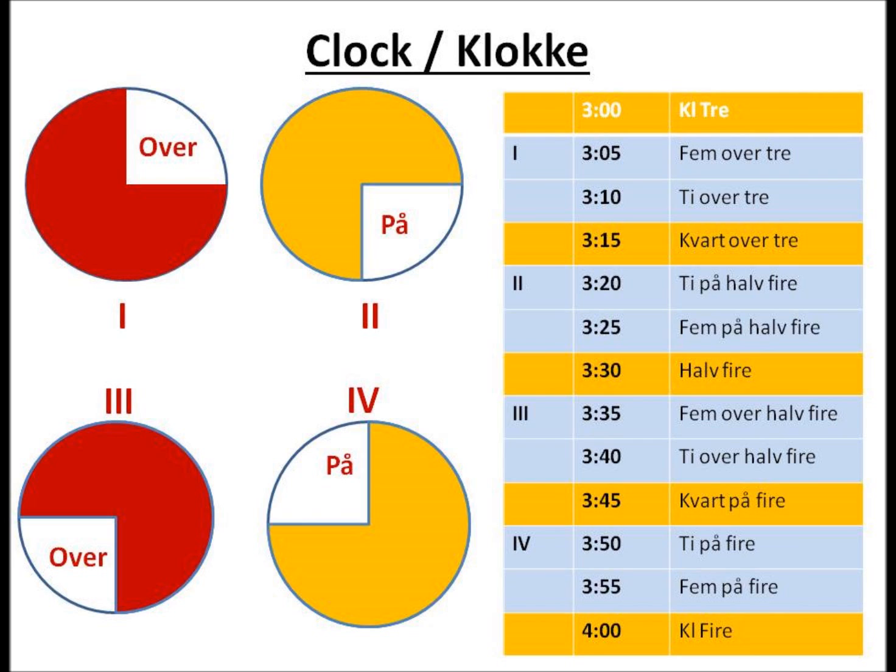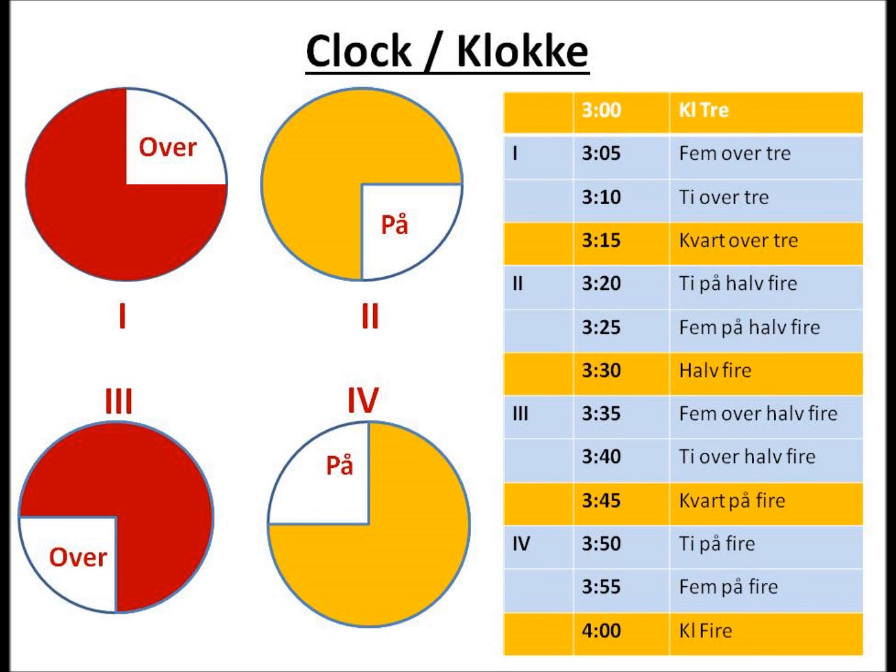For example, if it's 3:20, in English we will say it's 20 past 3. But they are basically saying it is still 40 minutes to 4, which is ti på halv 4.